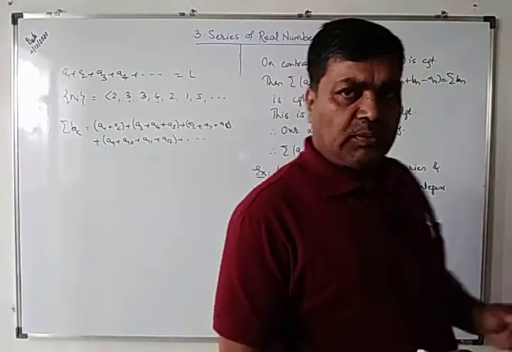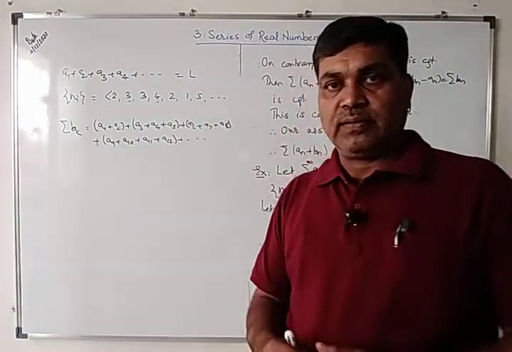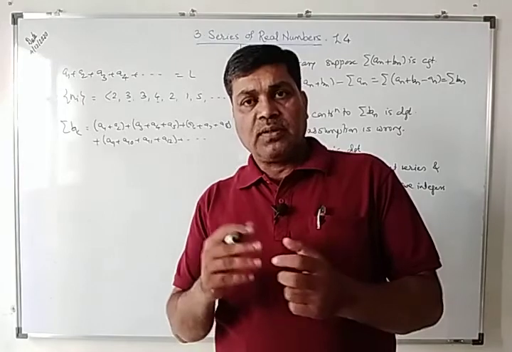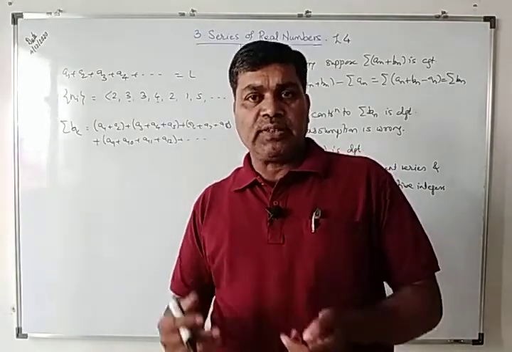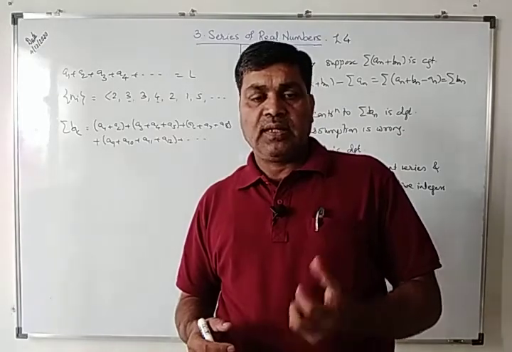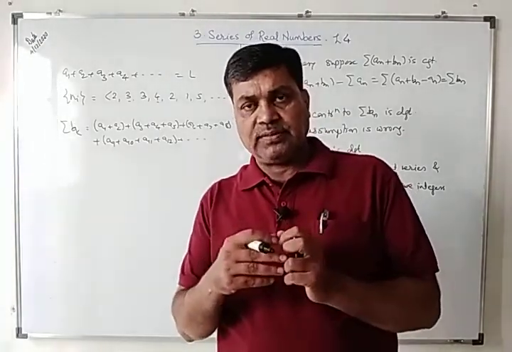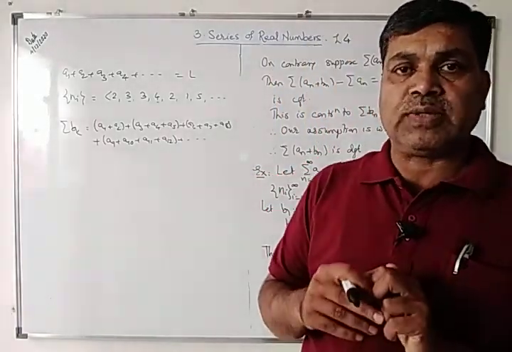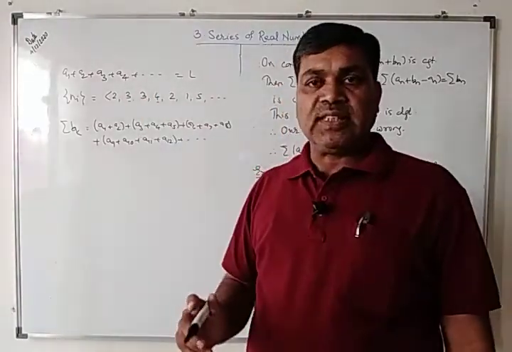So if the given series is convergent and I insert brackets for terms of the given series, and take their additions to form a new series, that new series is also convergent and it converges to the sum of the original series.